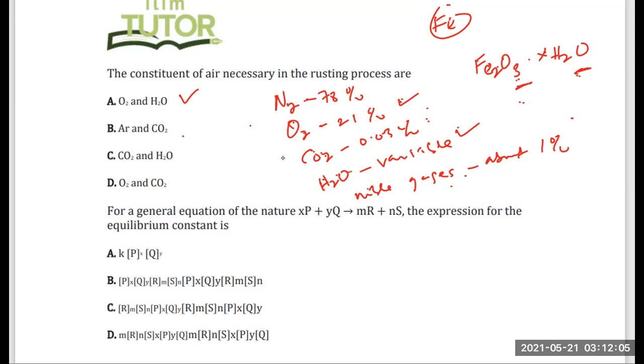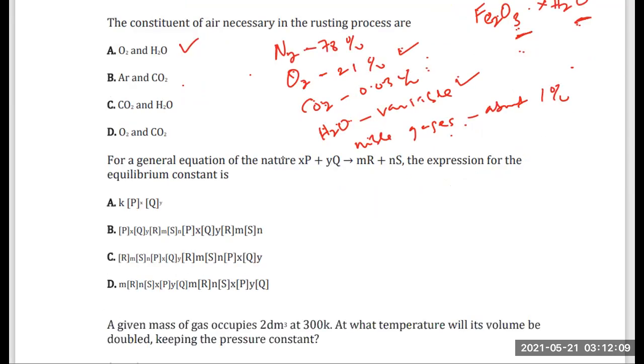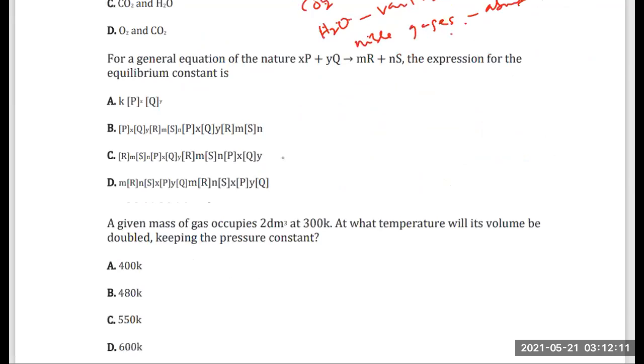The next question is talking about the expression of the equilibrium constant. The basic idea here is that the equilibrium constant, Keq, is basically product over reactant.